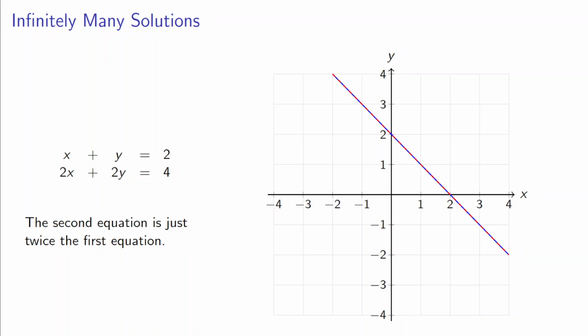You might try and come up with a few on your own by either algebraically looking at the equations or looking at the graph. We can pick out, for example, (1, 1) as a solution, so x equals 1, y equals 1, or (2, 0), x equals 2, y equals 0, and so on and so forth.